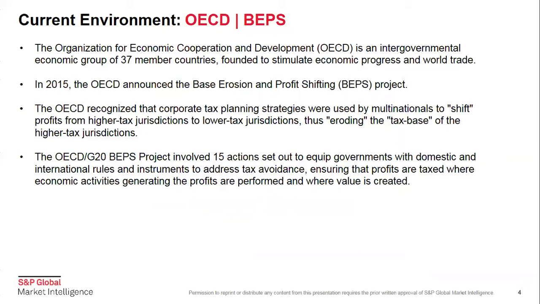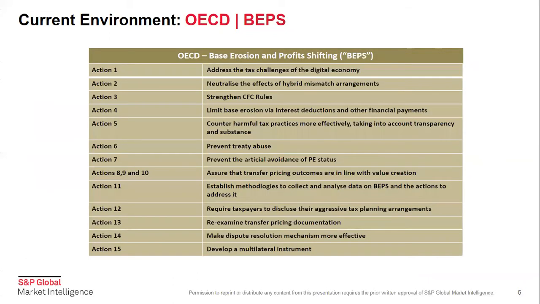So the OECD has recognized that this shifting of the tax base is inappropriate on a global basis under the legacy rules, and so came up with the first BEPS project.